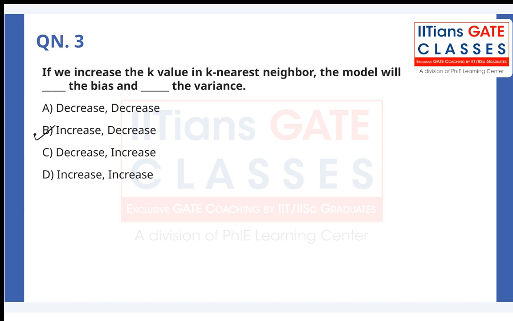That way, your bias will increase. And if your bias increases, subsequently your variance decreases, right? And that is the answer. So if you increase the value of k in KNN, the model will increase the bias and decrease the variance.